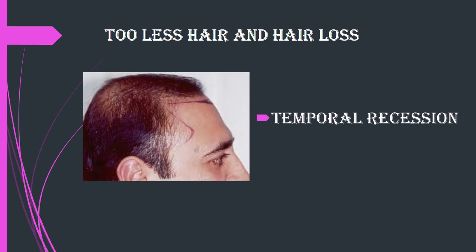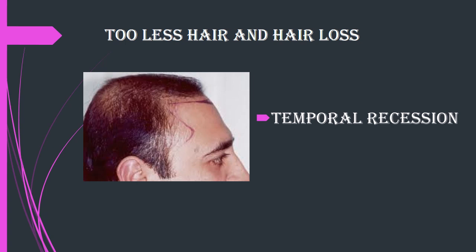First we will discuss when there is too little hair, that is excess hair loss, in case of temporal recession. That means certain follicles of the scalp regress with age to produce fine vellus hairs instead of coarse terminal hairs.